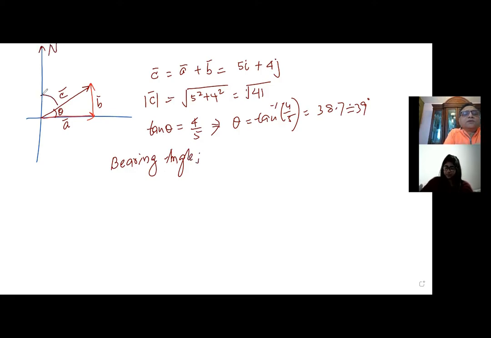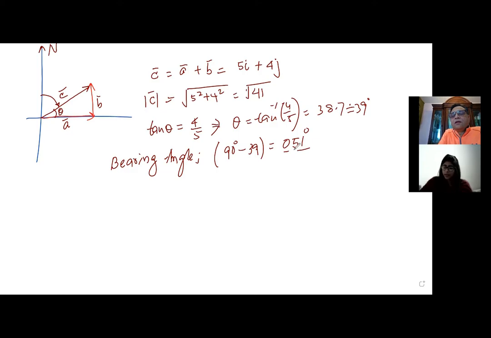So how many degrees from north? In this case, we know that the bearing angle of C is 90 minus 39, correct? How much do you get? 051 degrees. Bearing angle is always written in 3 places.